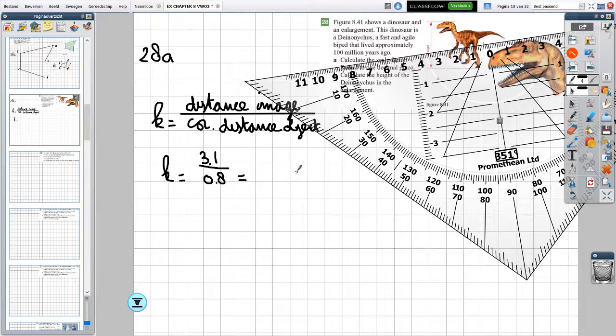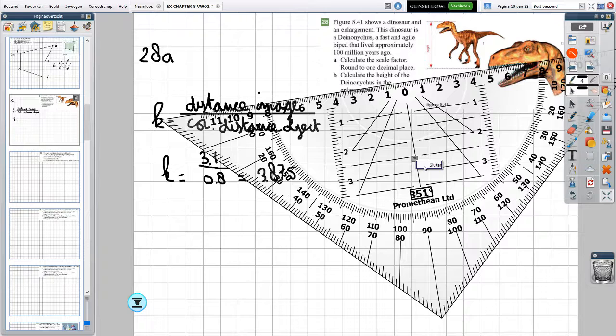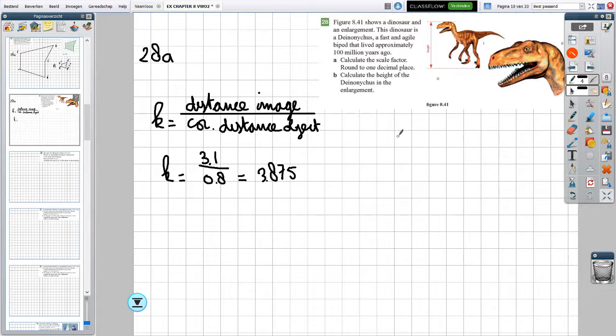And just to check, if I'm going to calculate this, my scale factor will be 3.875. On the test, I won't mind if you are a bit off, but don't be off by a lot. So if you find 3.0 divided by 0.7, okay, but not 3.5 divided by 0.5, for example.